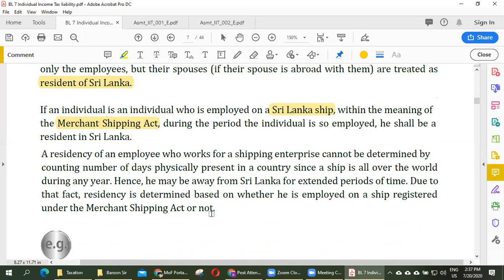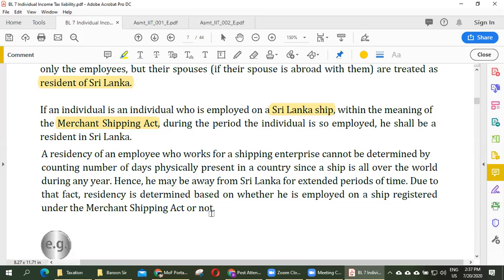If any person is working on a Sri Lankan ship, he may be 6 months, 8 months, or 10 months outside the boundary of Sri Lanka. It means he is not living in Sri Lanka. So how can we treat him as a resident?